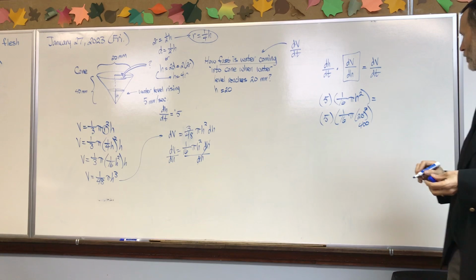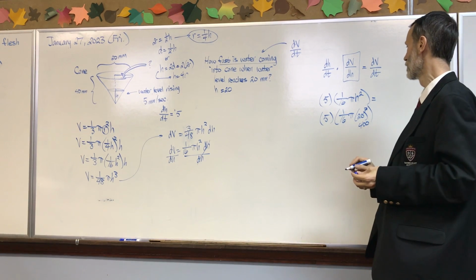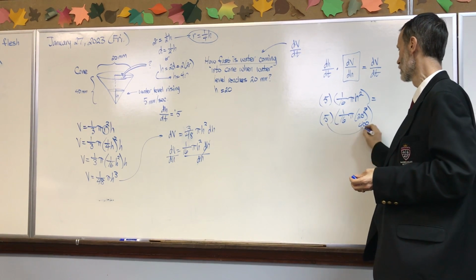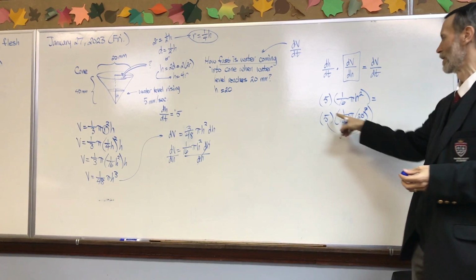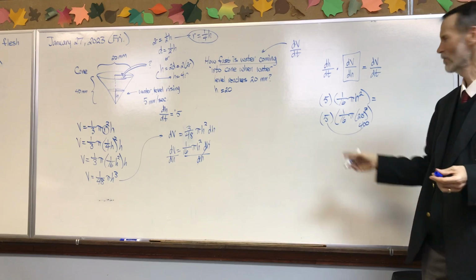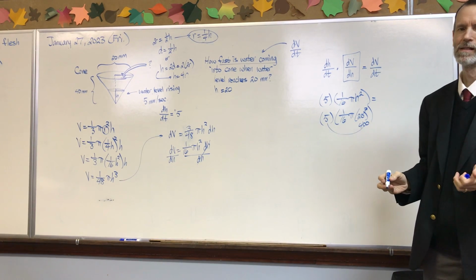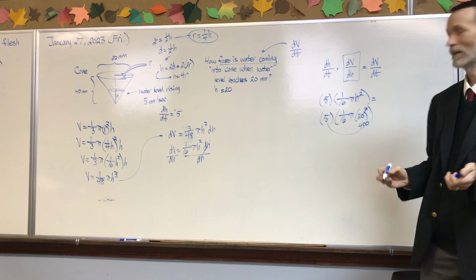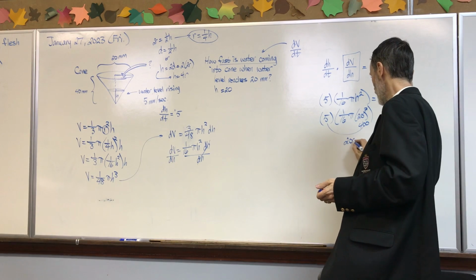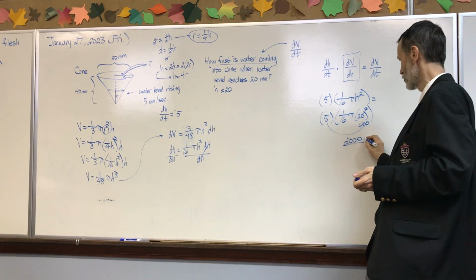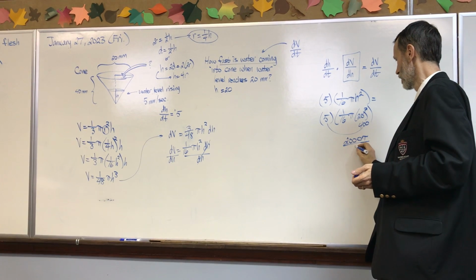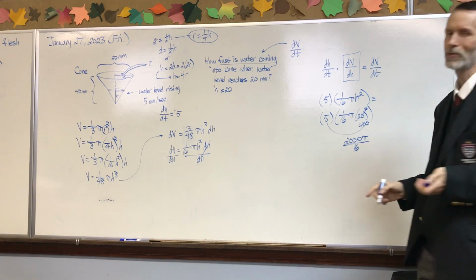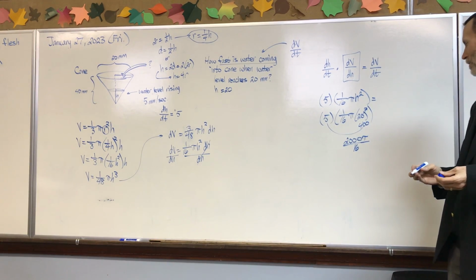Then you're going to distribute. Now distribute, be careful, because it's not plus. 5 times this mess. What's 5 times 400? 2,000. So 2,000 pi over 16. That's the only thing in the bottom. Does that reduce?